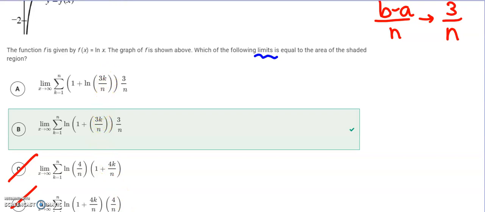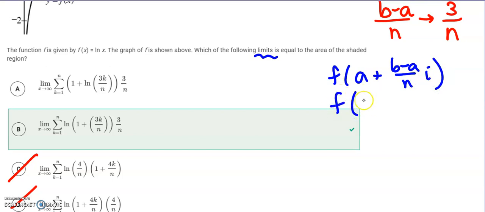The next thing then I got to think about is it's supposed to be f of a plus b minus a over n times i. So f of, well, a was 1 plus 3 over n i. In this case, they're using k for their index. So this one has a 1 plus, but this one has f of just 3 over n i.